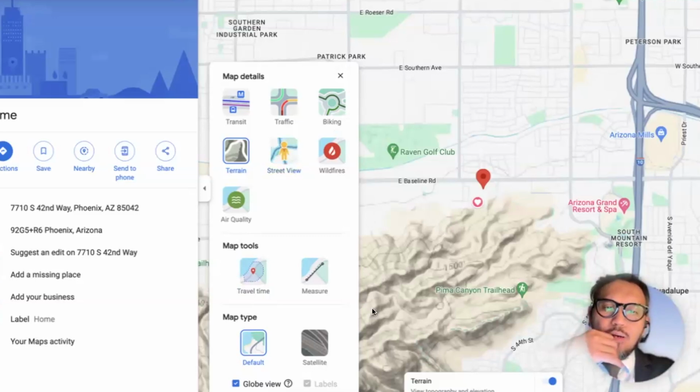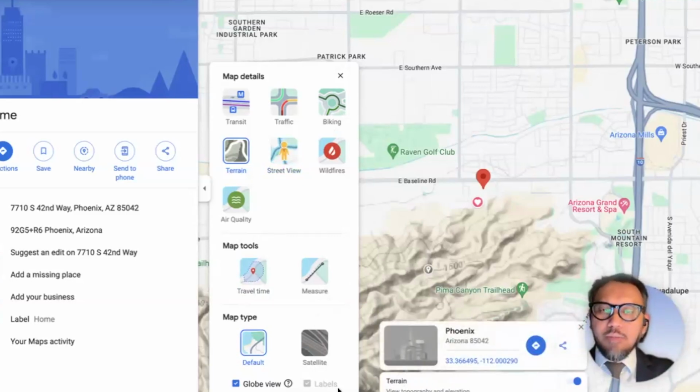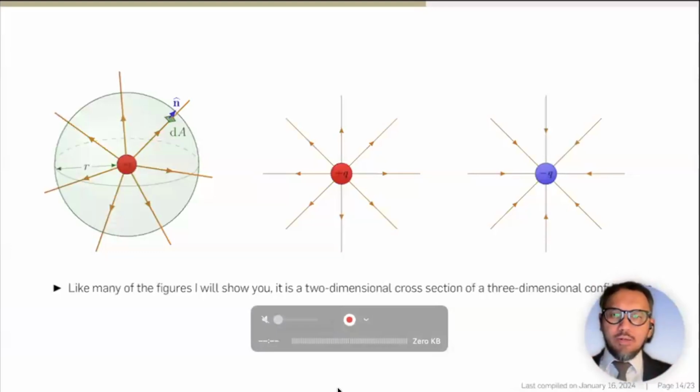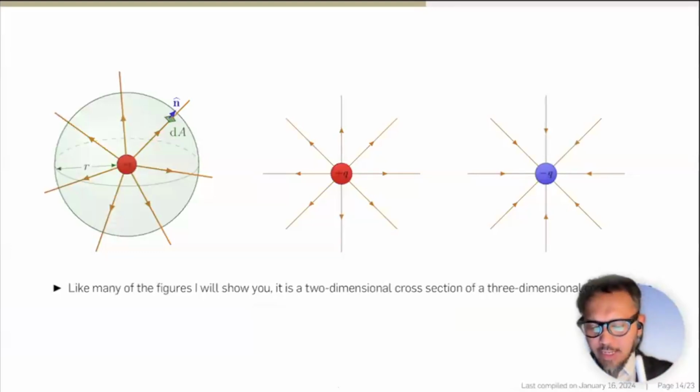Okay, so I apologize. I thought that Google Maps would have a topographical map. So basically, some people prefer seeing pictures, and that's why we come up with this representation.